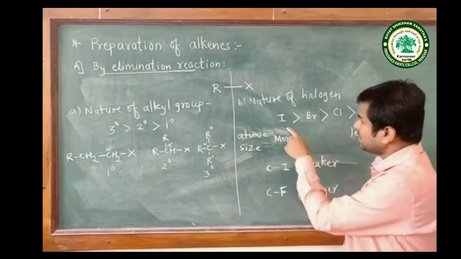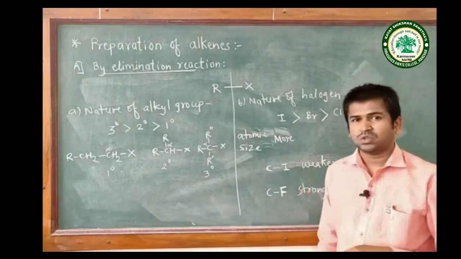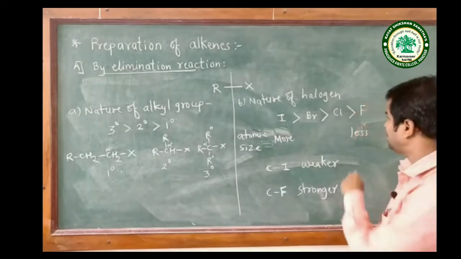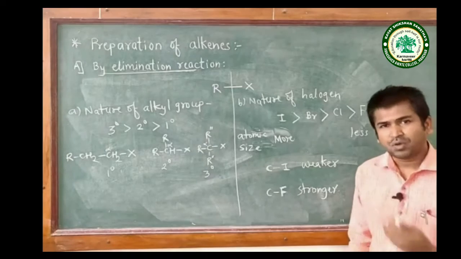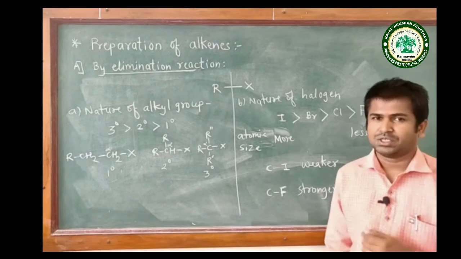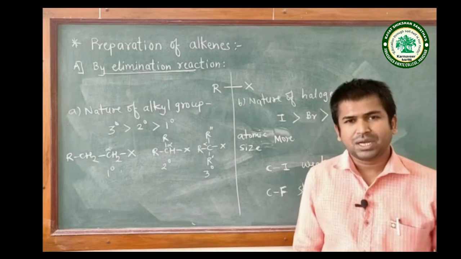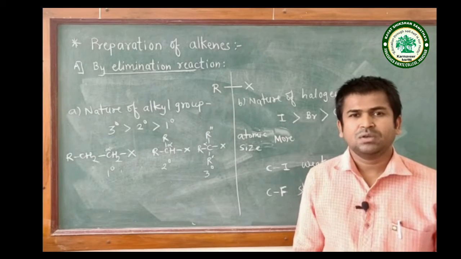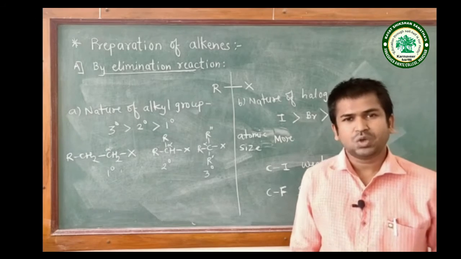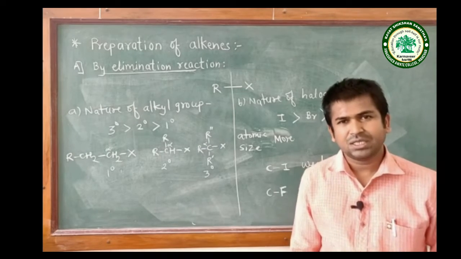Therefore, alkyl iodides undergo rapid reaction, while alkyl fluorides undergo slower reaction. Getting this? Now, the second type of elimination reaction is from alcohol, which is also called a dehydration reaction.